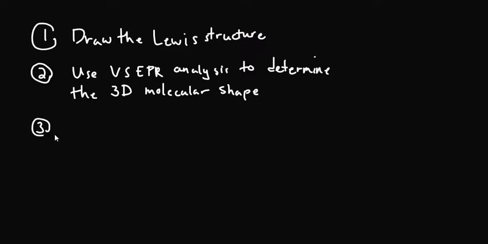Third, we're going to draw in dipoles for each bond. So we're going to draw dipoles and indicate bonds that are polar covalent bonds.